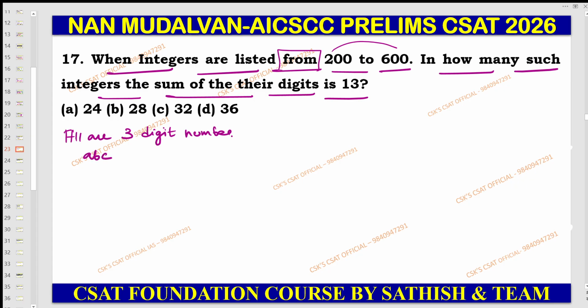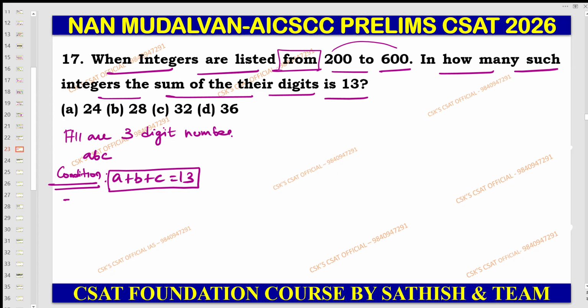So therefore ABC. What is the condition provided? In how many ways such integers have the sum of their digits equal to 13? A plus B plus C is 13.